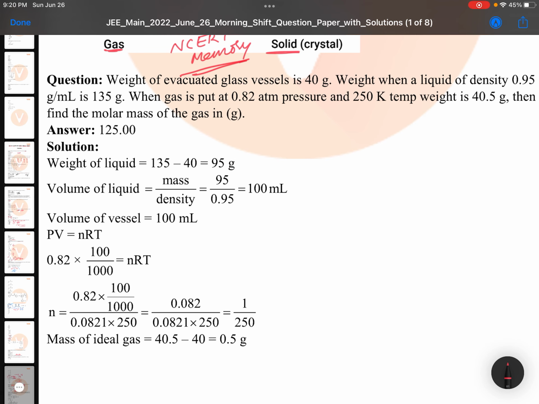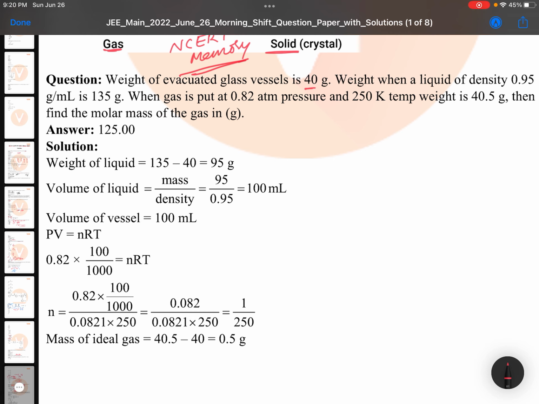This is an interesting question. The weight of an evacuated glass vessel is 40 gram. The weight when filled with a liquid of density 0.95 gram per ml is 135 gram. When gas is put in at 0.82 atm and 250 Kelvin, the weight is 40.5 grams. Then find the molar mass of the gas.